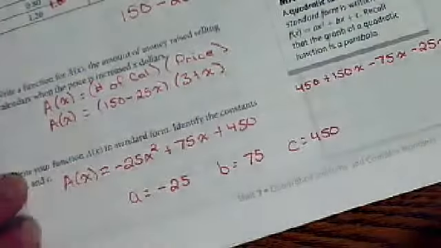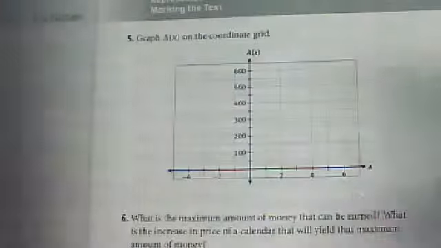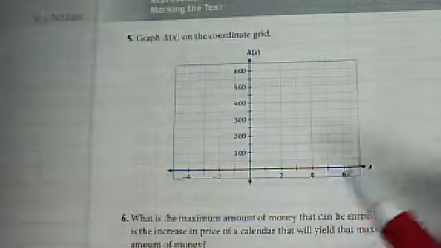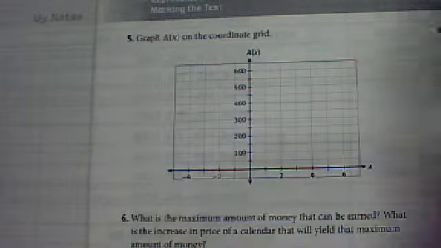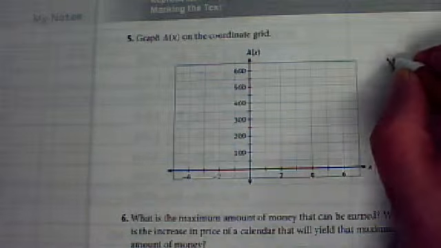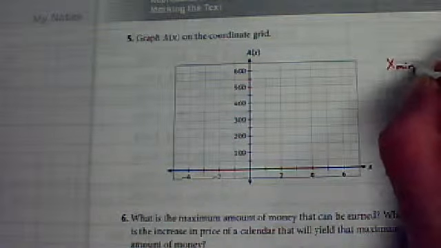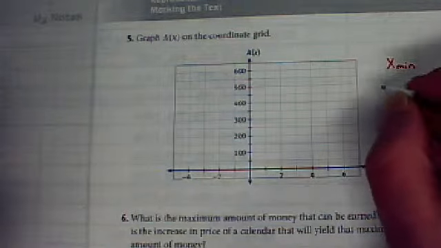So I went ahead and typed it in while I had my function handy. And before I do anything else, I want my window on my calculator to mimic the window that I have here. So let's look. To set up our window in our calculator, we need to know what our x minimum is and what our x maximum is.